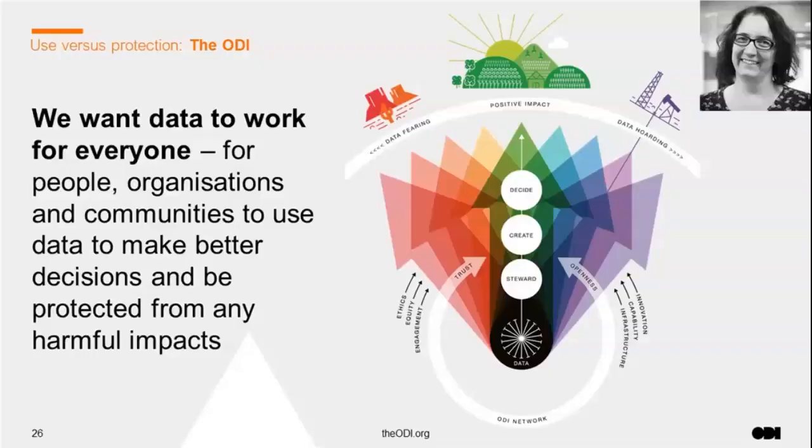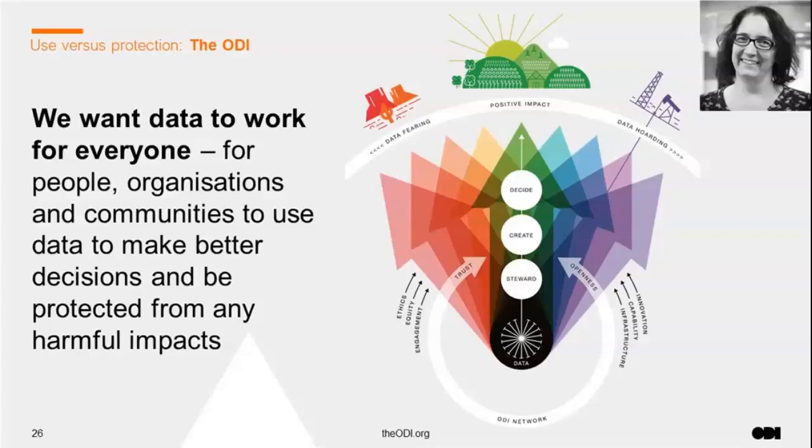So our vision at ODI is that we want data to work for everyone, and as Sarah said, we really focus on how data can be used to inform people's decisions, while coupling that with needing to protect people from any harmful impacts from that data use.